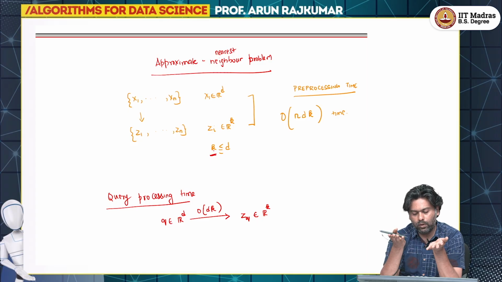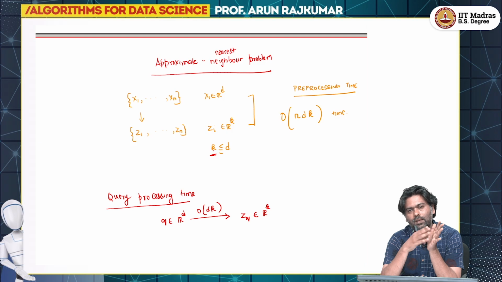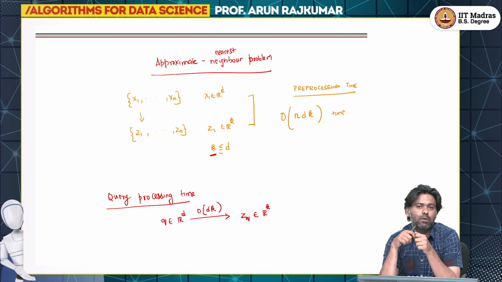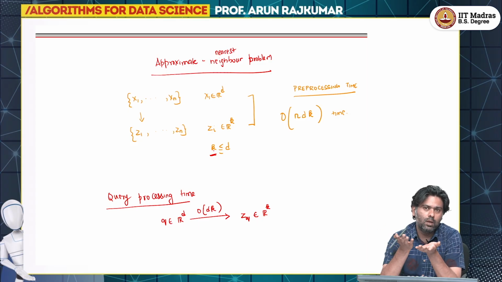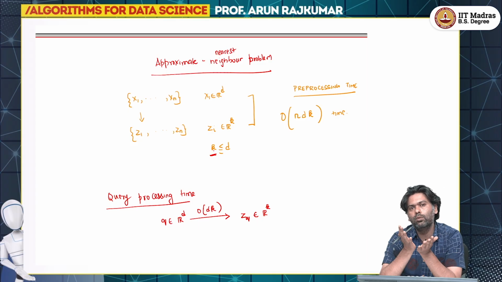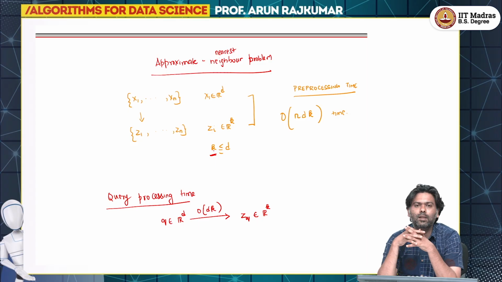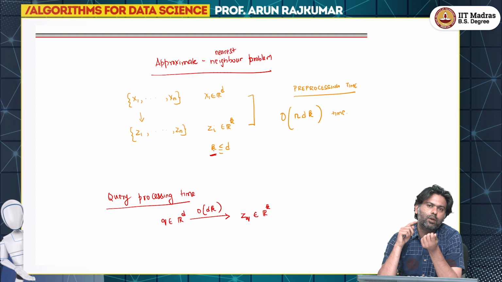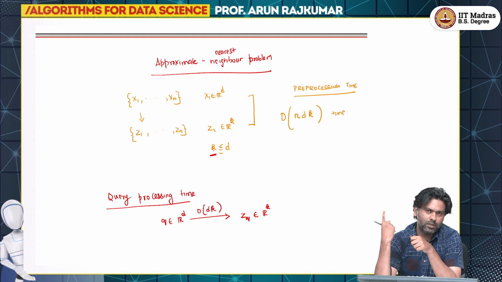Because when you are doing this query, you are mapping this high dimension guy to a low dimensional guy, and you want pairwise distances to be preserved for the query guy also with respect to the original set of n points. So if you had, let's say, 1000 data points to begin with, and then you are going to get 1000 more data points, in effect, what you want is, if you can preserve all the 2000 points' pairwise distances, then it implies that for every query point you are also going to preserve its pairwise distance to every point in the original dataset itself.